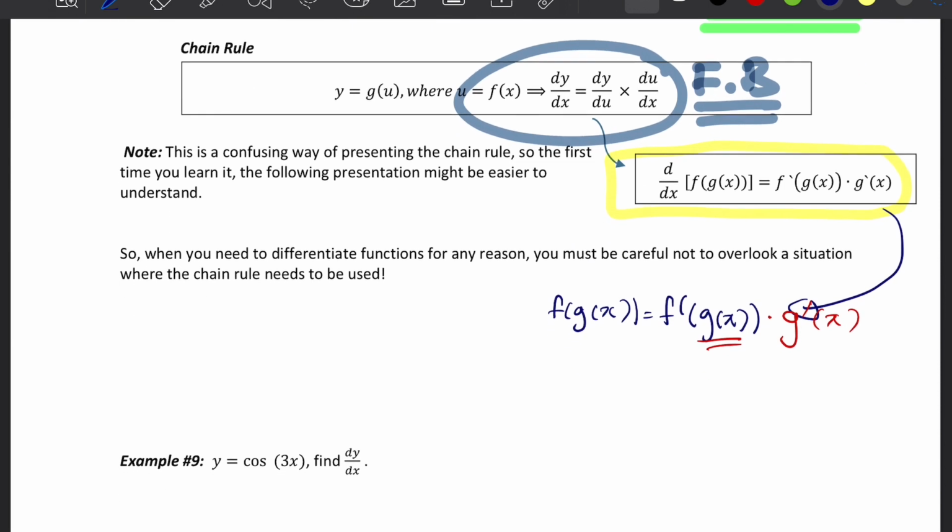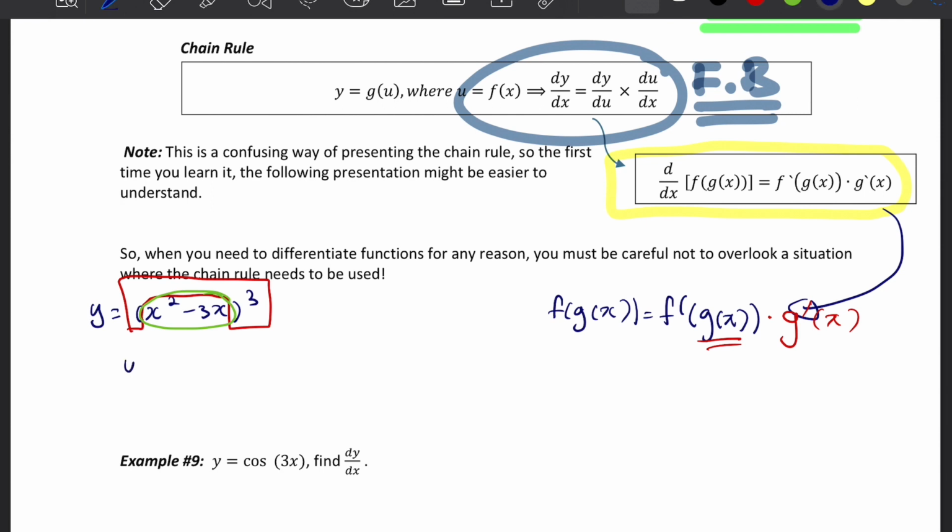Let's say we have y equals (x squared minus 3x) to the power of 3. In this case, the outer function is the bracket cubed, and the inside function is x squared minus 3x.